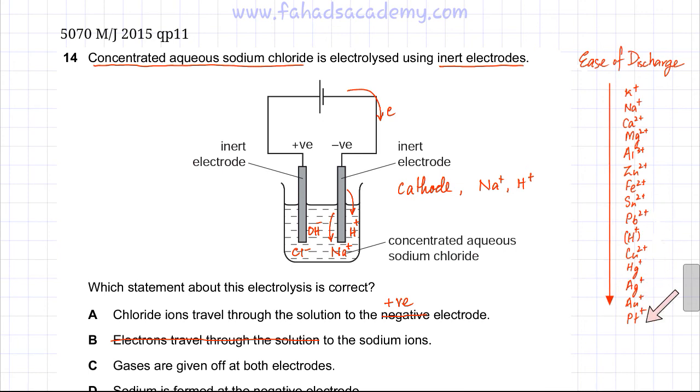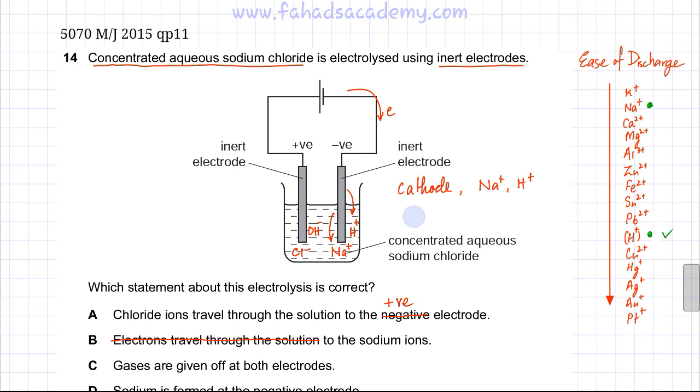So those lower down have a higher tendency to gain electrons, whereas the ones on top have a lower tendency. In our case the competition is between sodium ions and H+1 ions. Sodium is over here, whereas H+1 is over here. According to the reactivity series, since H+1 is the more unreactive element, it is going to have a higher tendency to gain electrons.